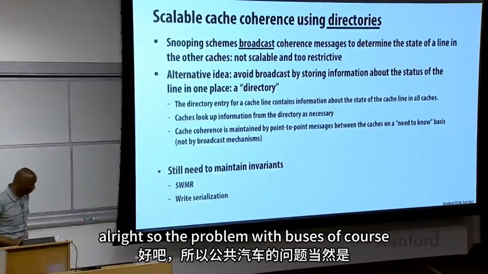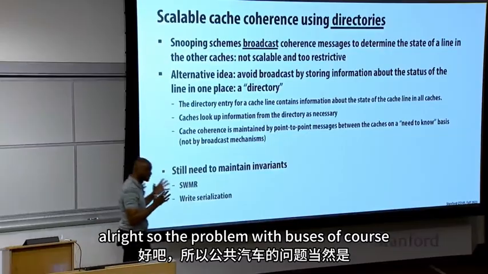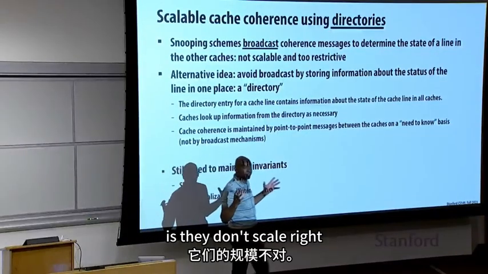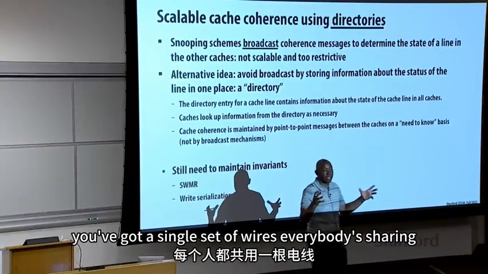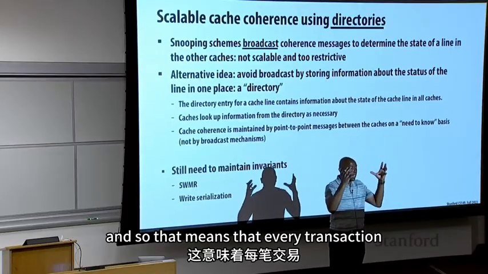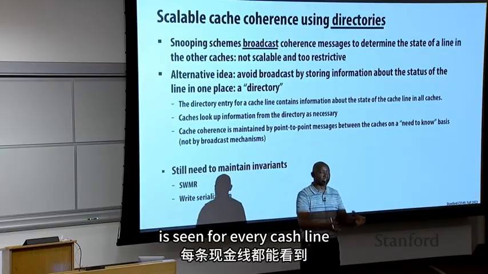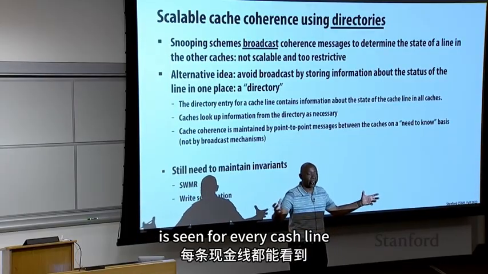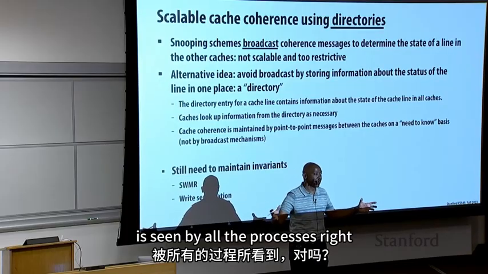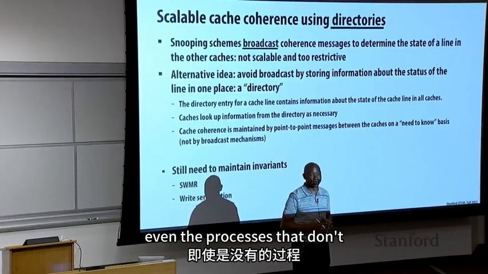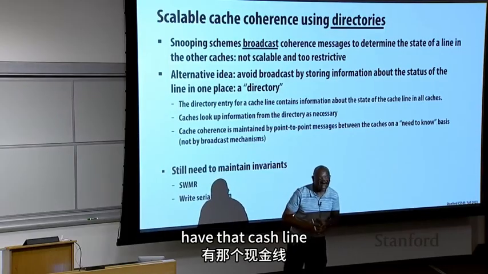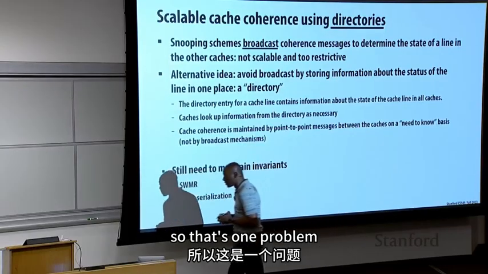All right, so the problem with buses, of course, is they don't scale. You've got a single set of wires that everybody's sharing, and so that means that every transaction, for every cache line, is seen by all the processors, even the processors that don't have that cache line. So that's one problem.